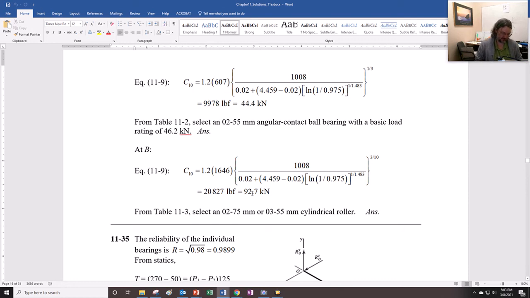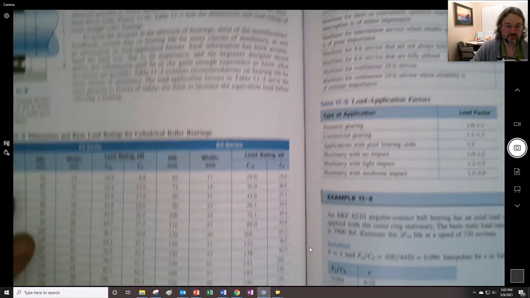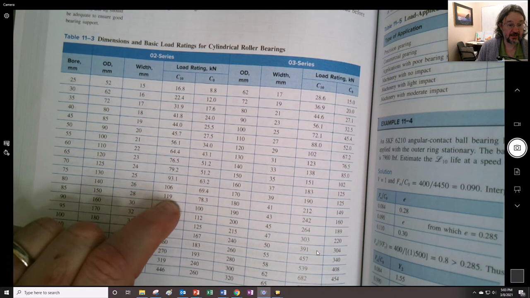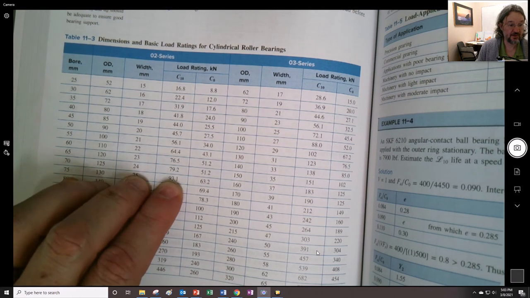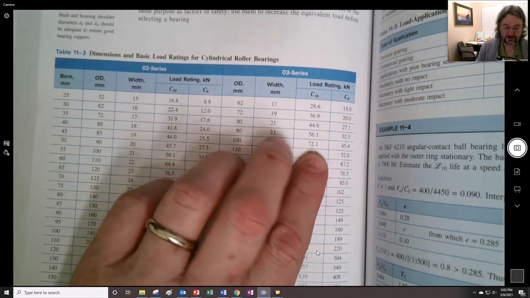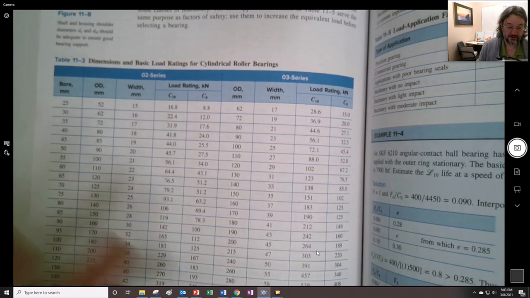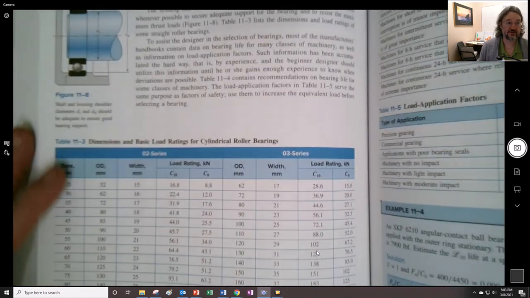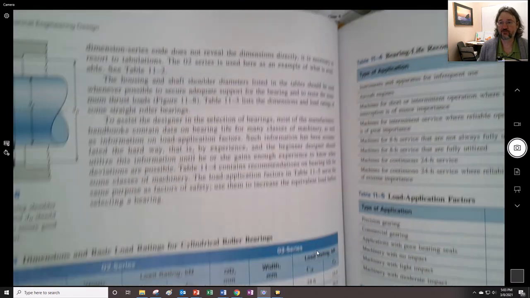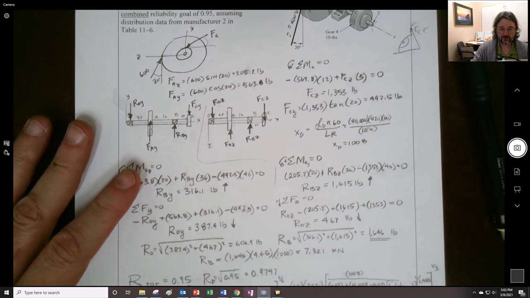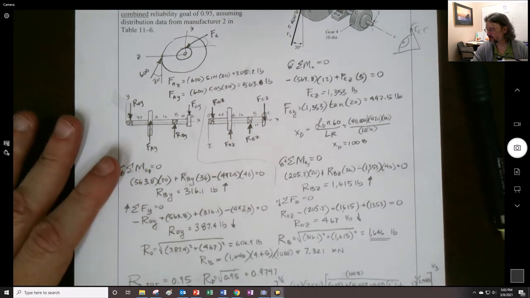So they're going back into the table over here, and with the 92.7, they're able to come in here for the C10 and get the 75 millimeter in here, or they're able to get this right here and use the 55 in the 03 series. That's going to depend on the geometry of the housing, whether the 03 versus the 02 is going to fit, and also considering some of the other shaft diameters. So I figured it's worth just taking a look and then comparing to what's in the book.